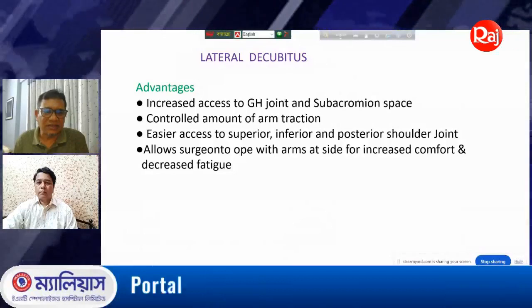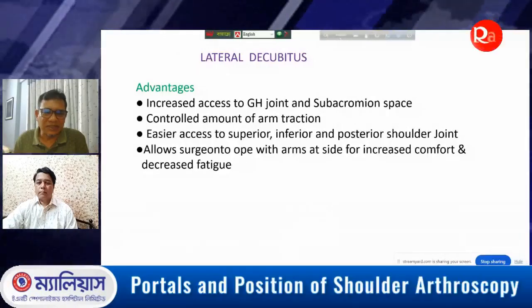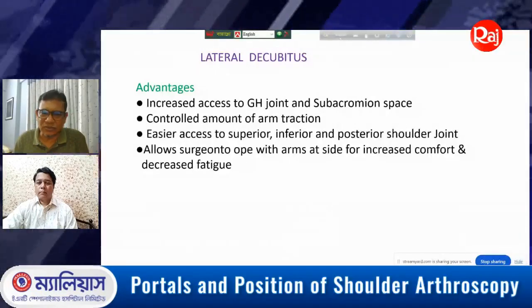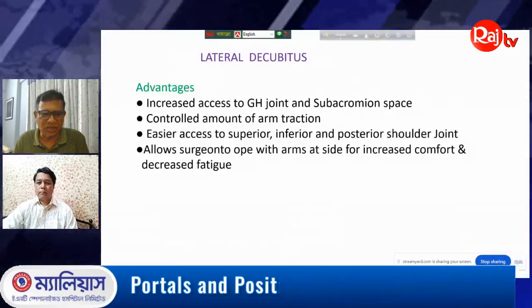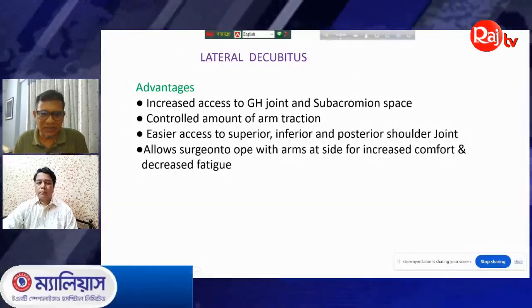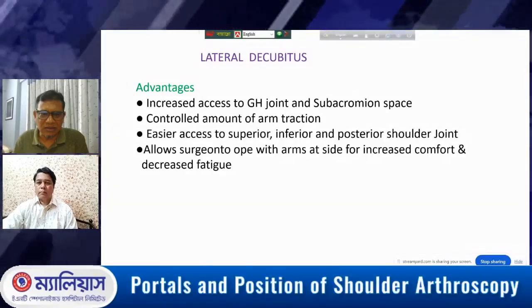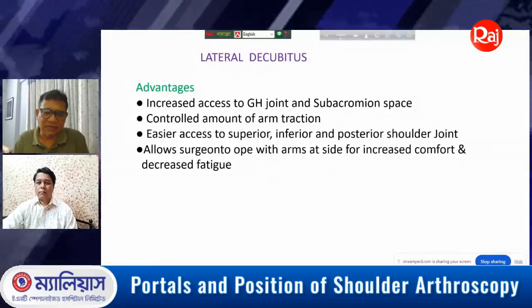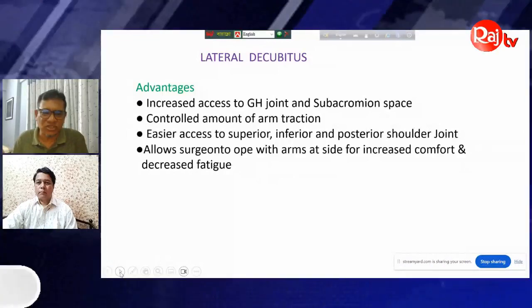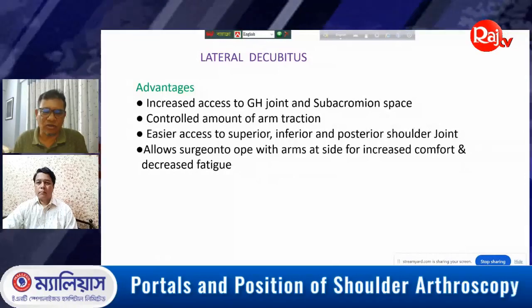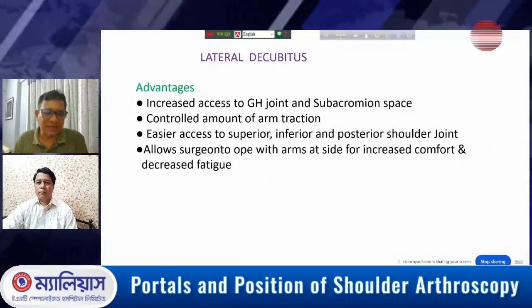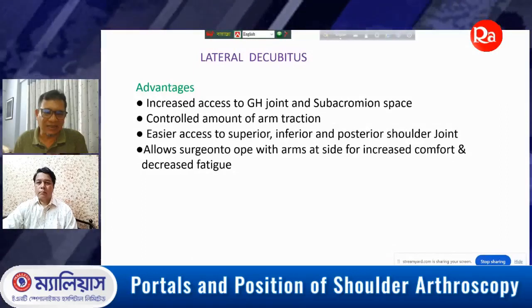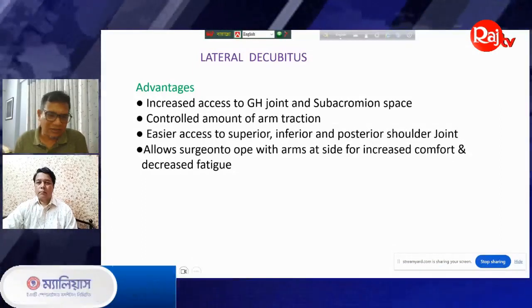It also allows easier access to the superior, inferior and posterior shoulder joint, and allows the surgeon to operate with the arm at the side for increased comfort and decreased fatigue, because in this position the arm is always abducted, which otherwise creates fatigue and uneasiness for the surgeon.